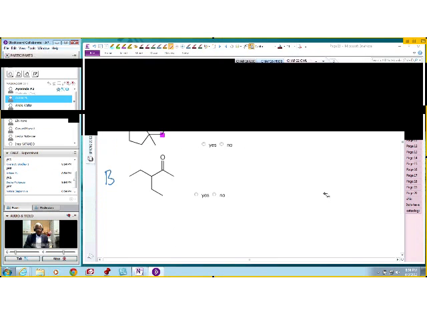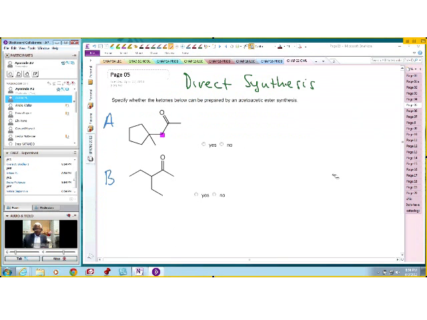This is where we are. The question that I asked you was, can we make this using acetoacetic ester synthesis? The answer here is no. And why is it no? If you look at the acetoacetic ester, that is the acetoacetic ester.